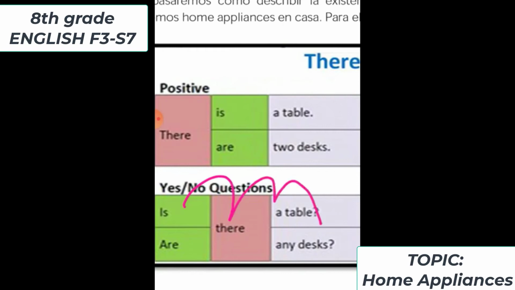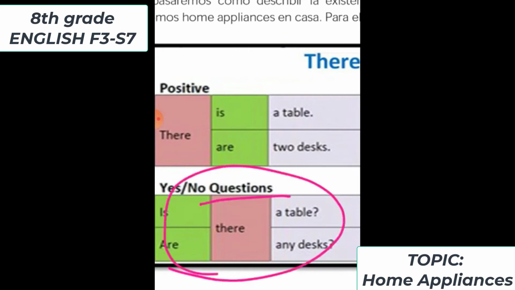Respuesta, there is a table. Question: are there any desks? Respuesta, there are 2 desks.